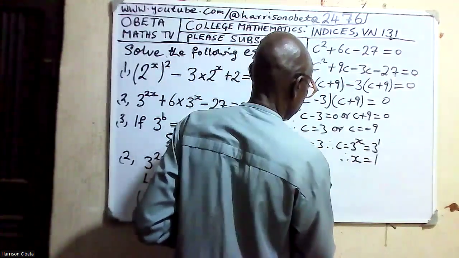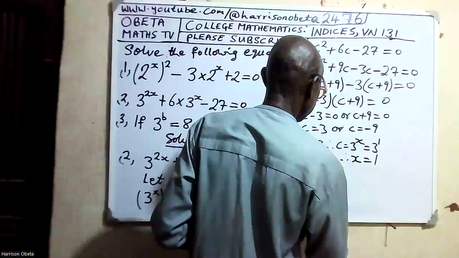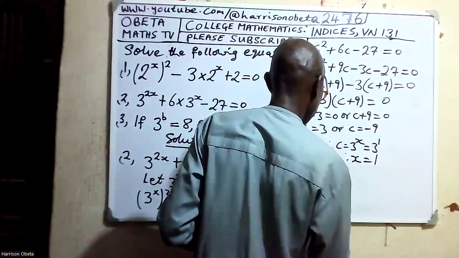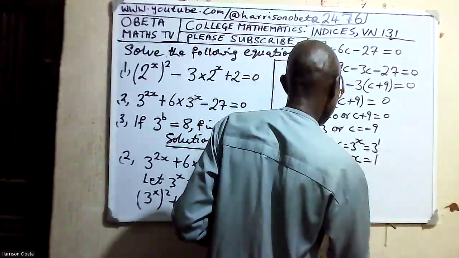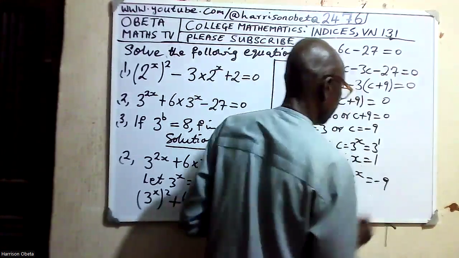If c is equal to minus 9, it then means that c equal to 3 raised by x is equal to minus 9.